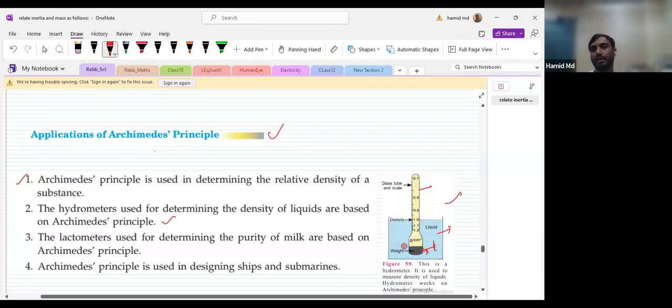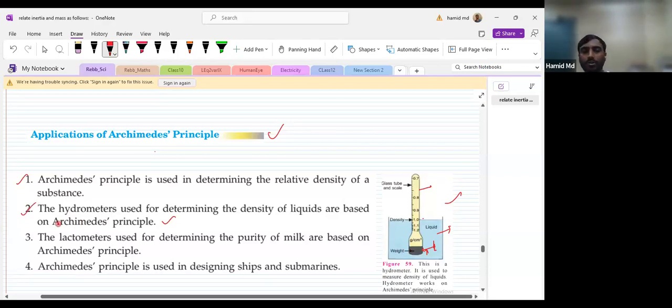It will give you a particular reading: if it is 1, suppose, it is the density of water. If it is 0.9, it may be the density of ice, because the density of ice is less than water. So using this scale, we can determine the density of the liquid. So this is one of the uses of a hydrometer.